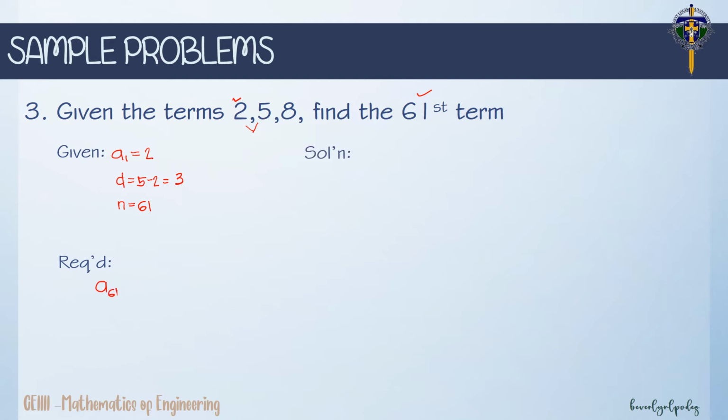Alright, so solution. We can basically use this equation, a_n is equal to a1 plus (n minus 1) multiplied by the common difference. The common difference, as we have solved from the given, that is 5 minus 2, is equal to 3. So we know the value of a1, we also know the value of n, we know the value of d, we can simply directly substitute in the equation.